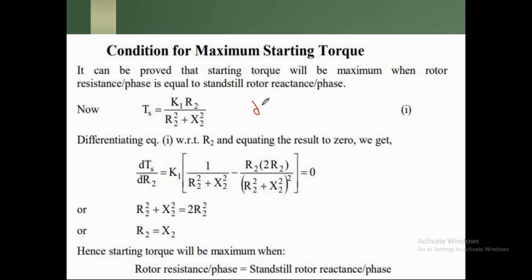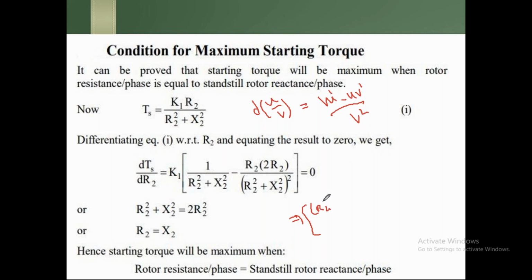So I will give the clarity on this. The differentiation of U by V is V into U dash minus U into V dash divided by V square. Now, first, what is V here?